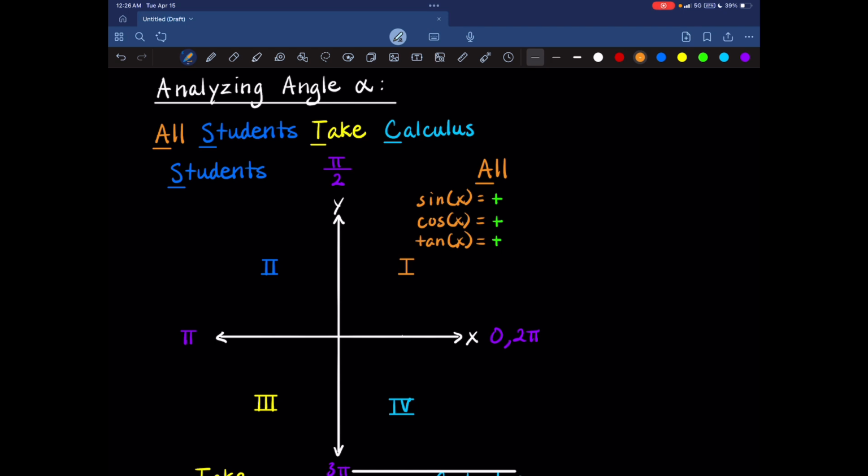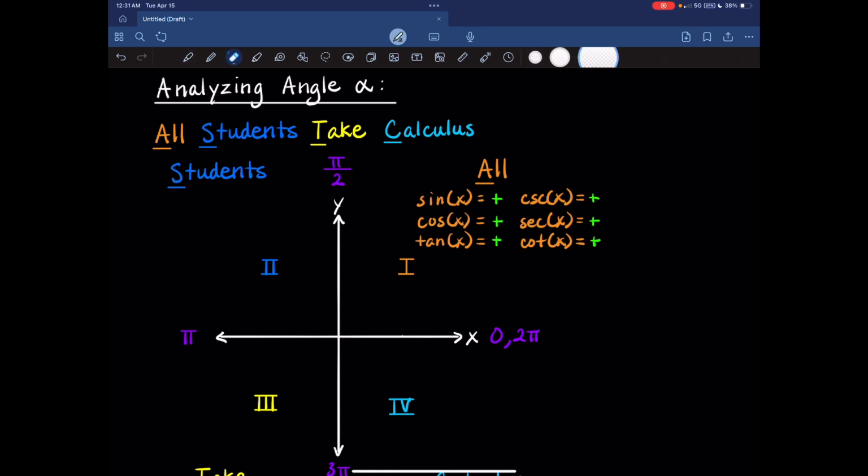So let's write that down. So the cosecant of x is also positive. The secant of x is also positive. And the cotangent of x is also positive. So in quadrant 1, all trigonometric functions, including their reciprocals, are positive.